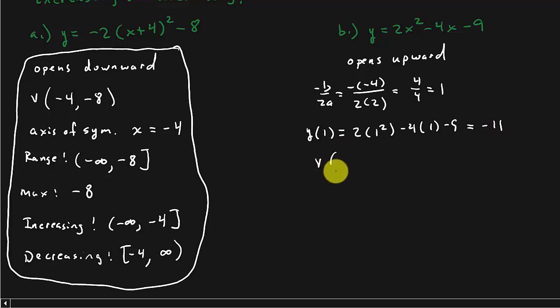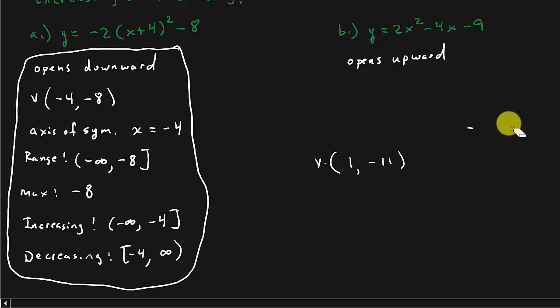So our vertex is 1, negative 11. So there we go. So we found opens upward, and we found the vertex. Okay. So let me go ahead and just erase this work that I have here so we can move this vertex back up. So that's vertex is 1, negative 11.